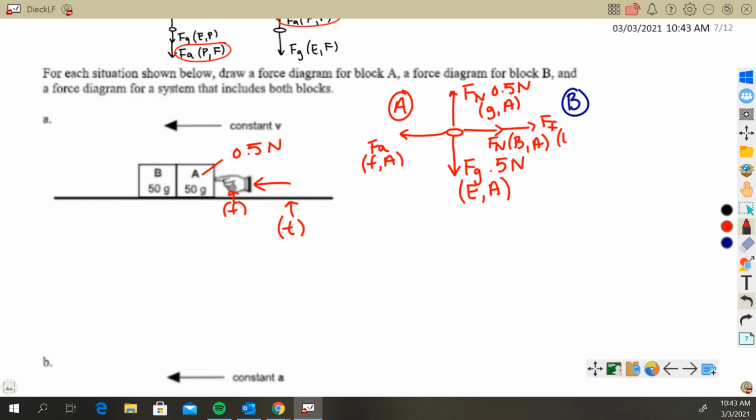Friction is going to come from T, and we'll feel it by A. T is the ground here. We'll call that the table. That's a T for table. And F is for finger.